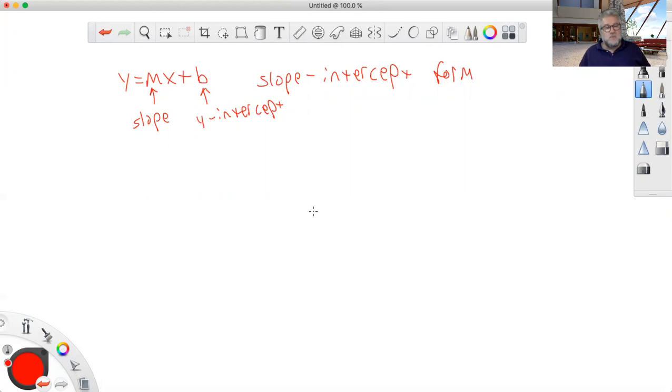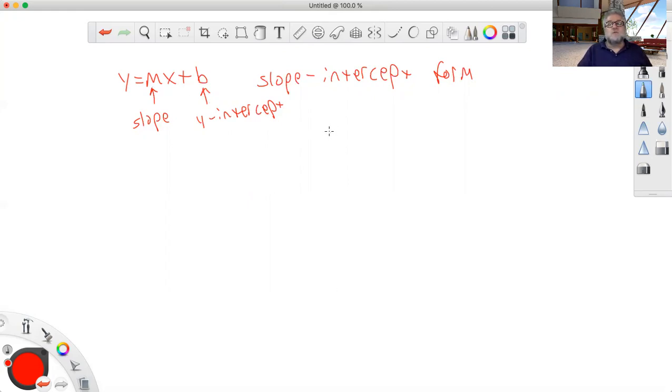This is the one that's most useful, and I make every problem look like a slope-intercept form problem so that every problem looks the same. And that is critical in your career in math, is as much as you can make the problems all look the same, then all you need to remember is one pattern. And so here we're just going to focus on one pattern.